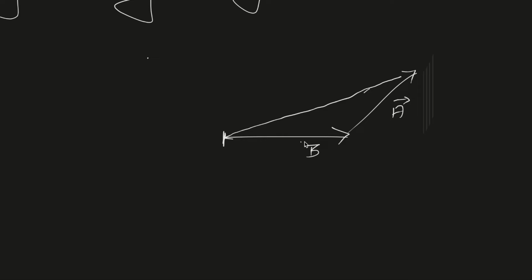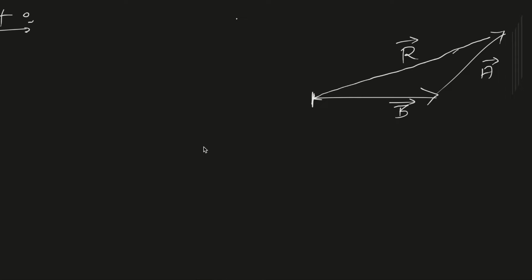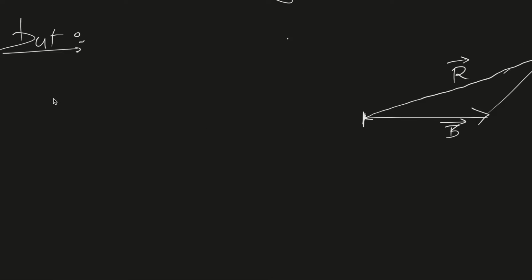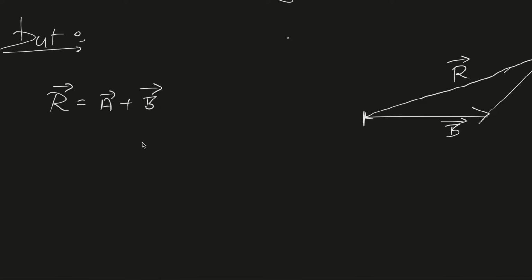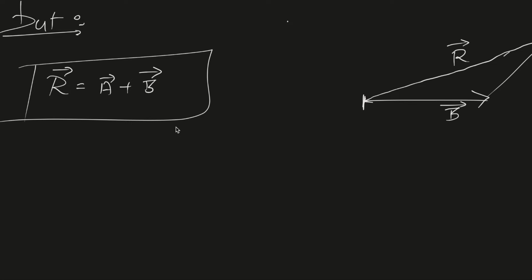Let me call it the r vector. The r vector is nothing but a vector plus b vector. This is the resultant of the vectors.